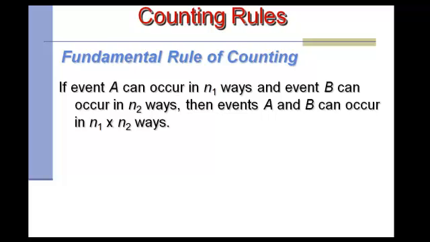And the first fundamental rule of counting is, as it tells you here, if event A can occur in n1 ways and event B can occur in n2 ways, then events A and B can occur in n1 times n2 ways.